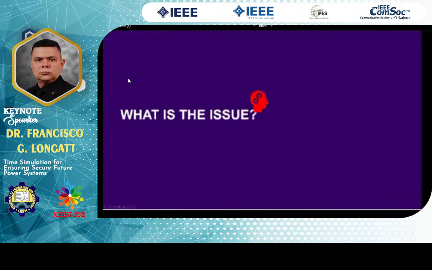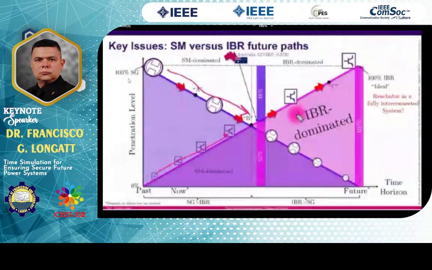We are disconnecting synchronous generators, we are increasing the number of power converters. For instance, I highlight here the case of Australia. In 2020, 40% penetration of synchronous generator and a high 52% of power converters.